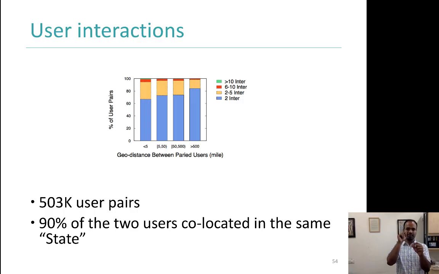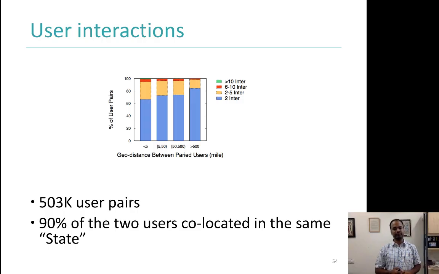The colors are: blue is 2 interactions, yellow is 2 to 5 interactions, red is 6 to 10 interactions, and anything above 10 interactions is given in green. You could already guess that the number of higher interactions is very low in Whisper, using the network analysis we've already seen. That's why the green is very low in the graph.